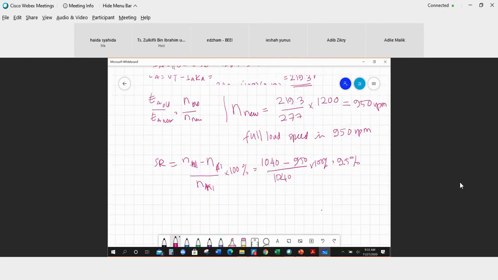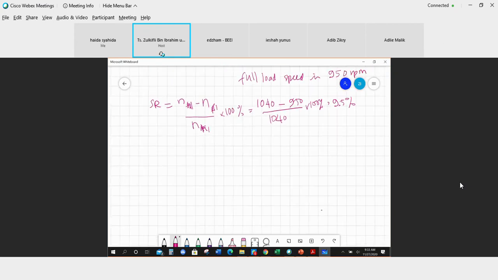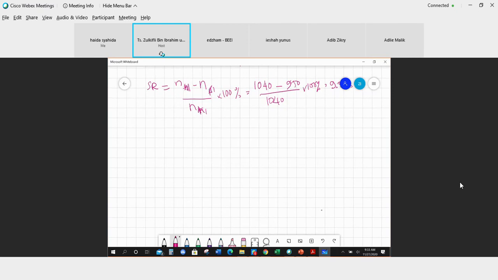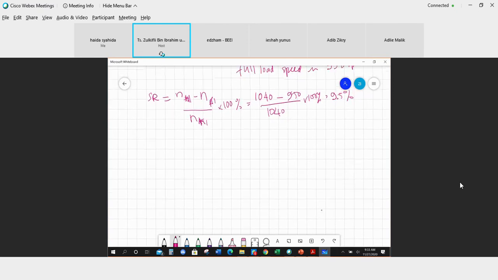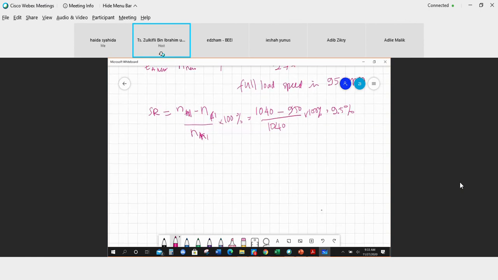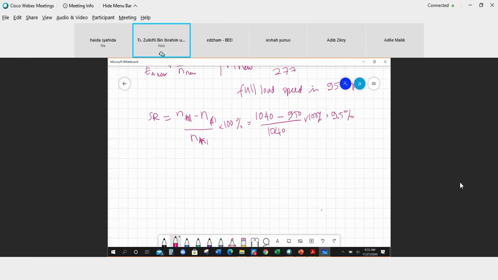So when we go to question number 3, it says if the motor is operating at full load and its variable resistance is adjusted to 250 ohms, what is the new speed of the motor? So what actually happens?